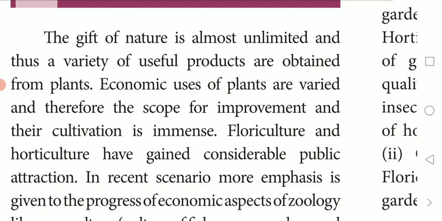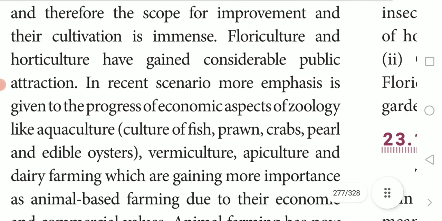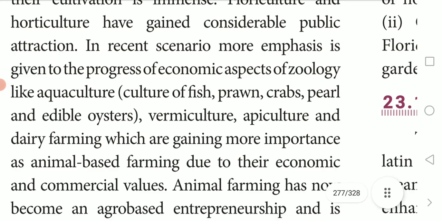In the recent scenario, more emphasis is given to the progress of economic aspects of zoology like aquaculture, vermiculture, apiculture, and dairy farming. These are gaining more importance as animal-based farming due to their economic and commercial values.